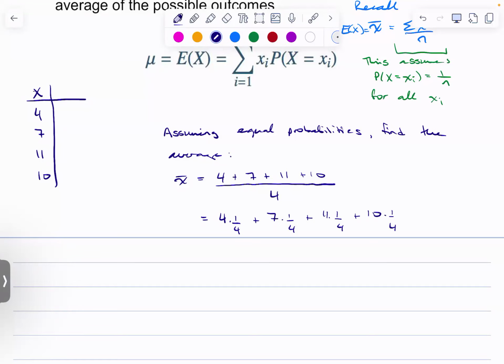That's legal math. If I have a fraction and I'm adding, then I can split that fraction as long as I do it for each of the terms. So that means that here, the probability that x equals xi is 1 over n, or 1 over 4 in this case. I only have 4 things.